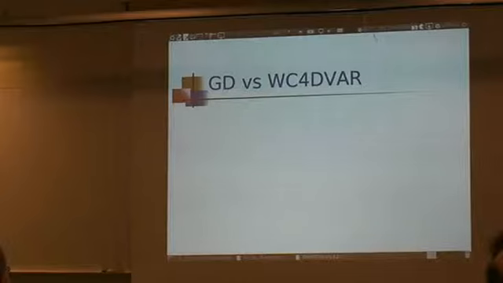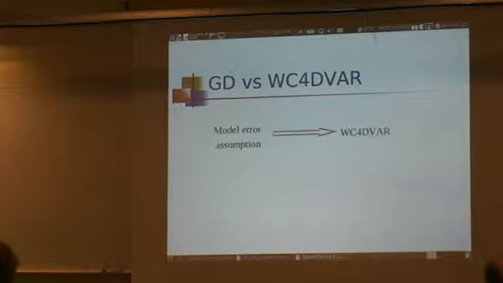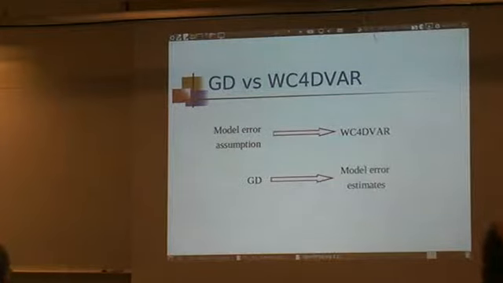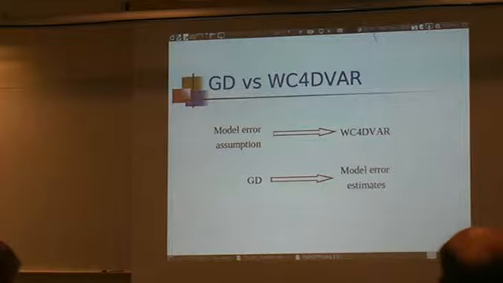What's the difference between our method and weakly constrained 4D-Var? Weakly constrained 4D-Var is often applied to real cases. Last time Jonty helped me find that there are many versions of weakly constrained 4D-Var, so I don't want to write out a function, because Jonty may say that might be a stupid way to do it.